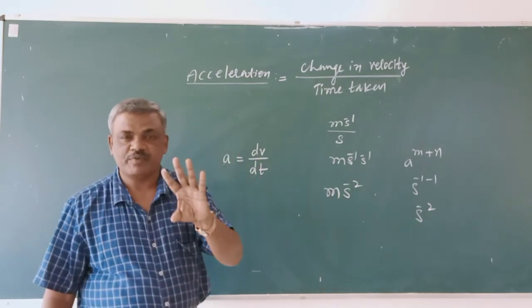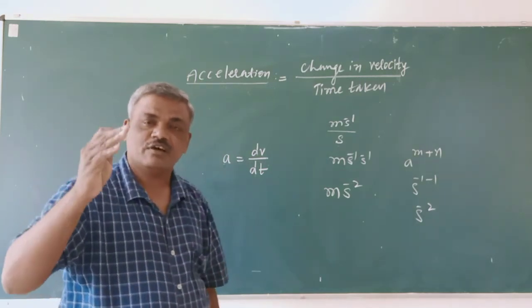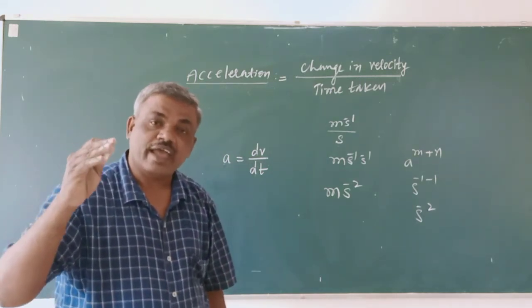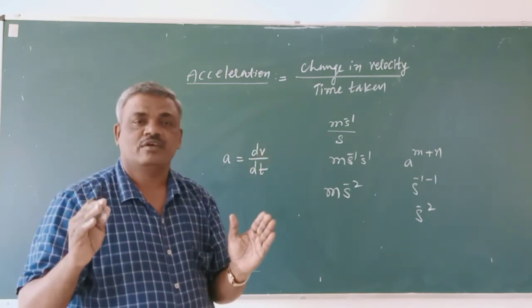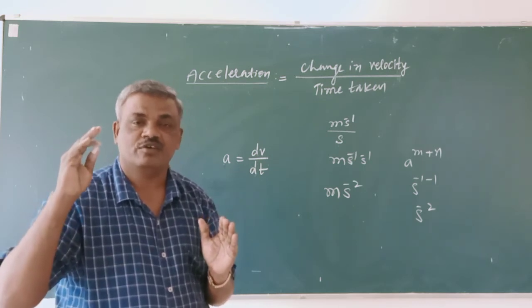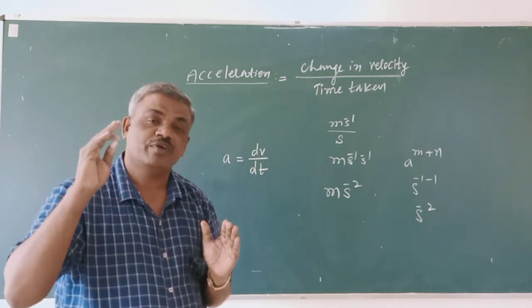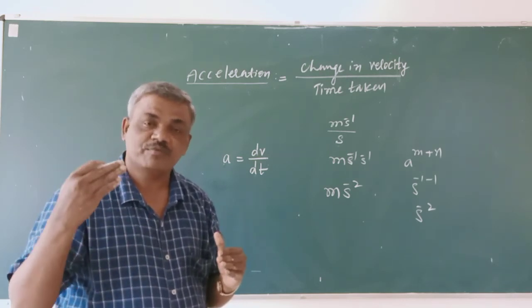Once again, let us repeat. Define acceleration: the rate of change of velocity is called acceleration. How do you know this concept? You observe your vehicle moving on the road with different speeds, maybe 40, 50, 60.